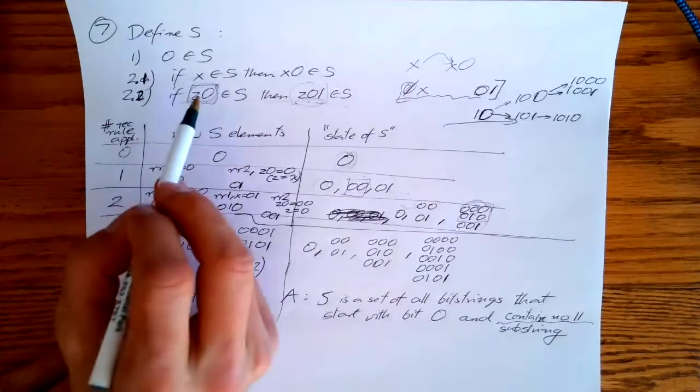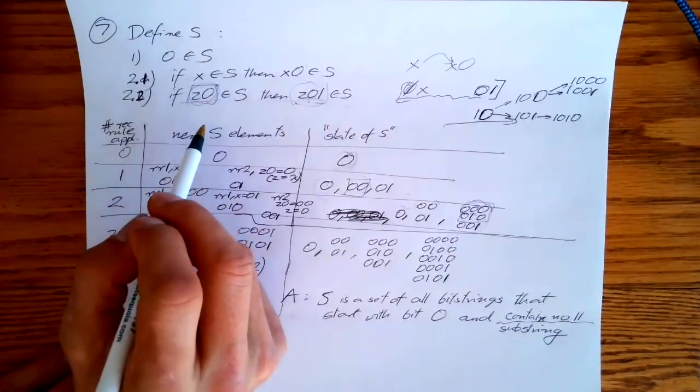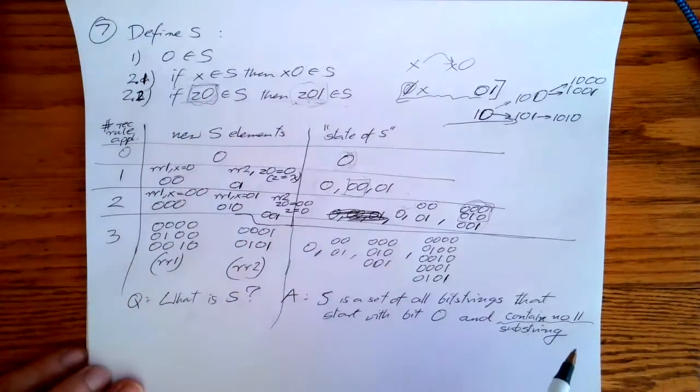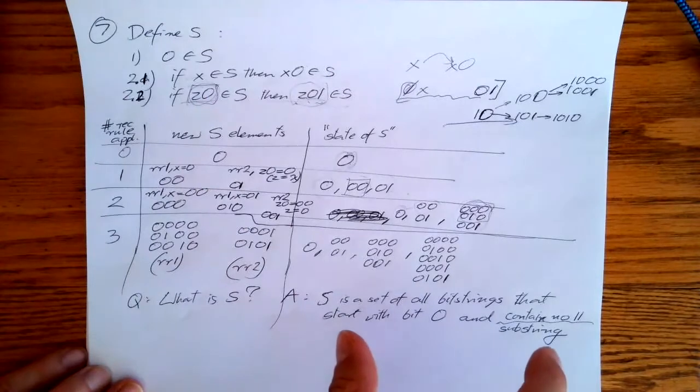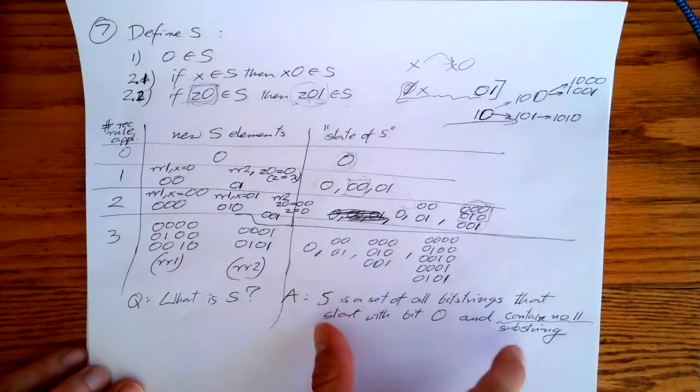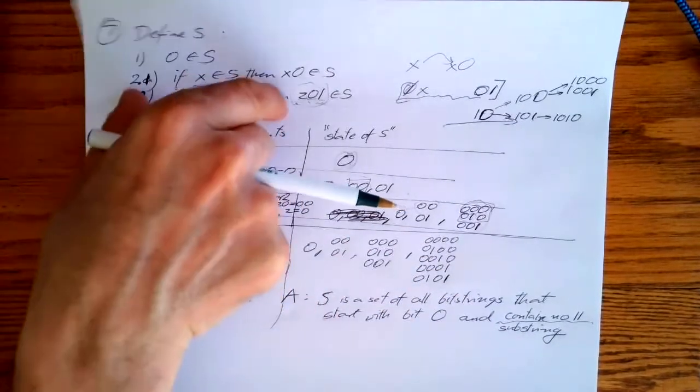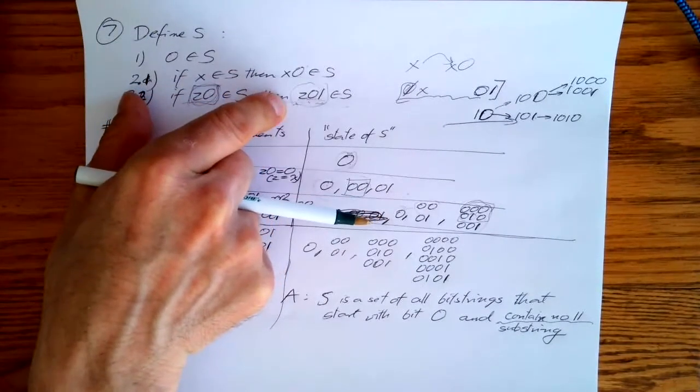You can argue this by recursion, by induction. So there's two things to check. Are all strings in the set built using this?